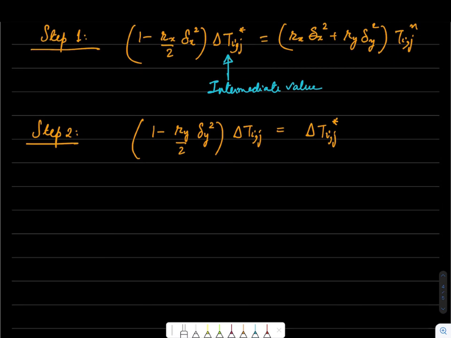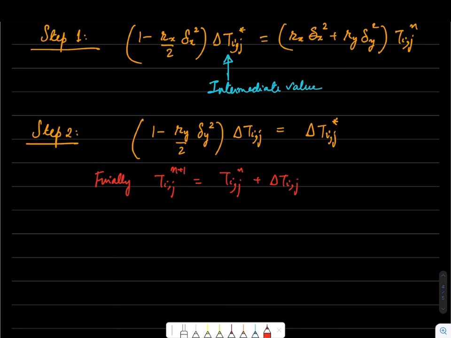Finally, once I have delta Tij, I can write that the new temperature Tij n plus 1 is Tij n plus delta Tij, and that completes the calculation for one time step.